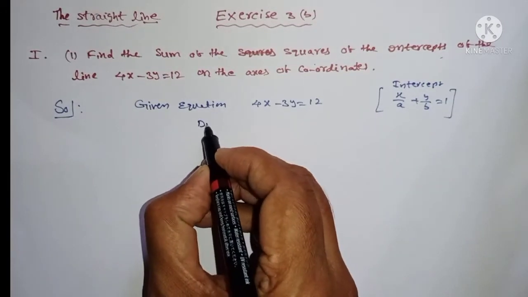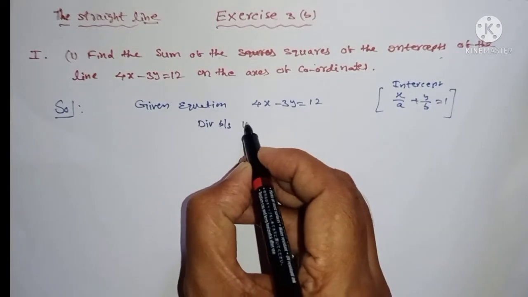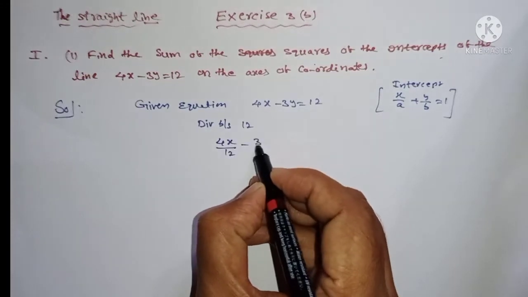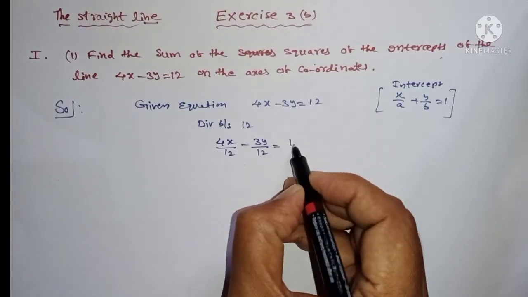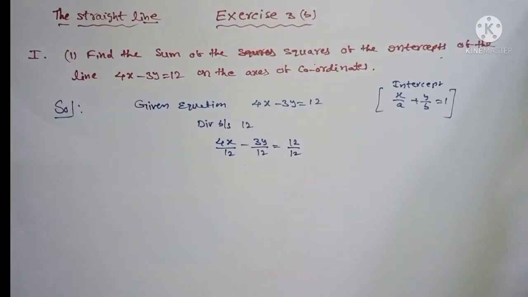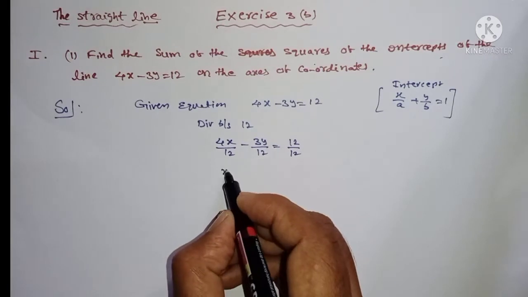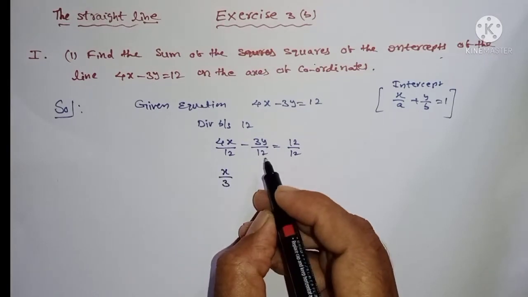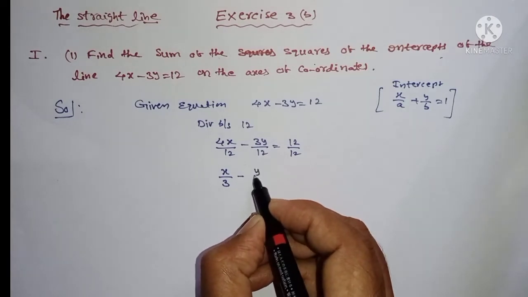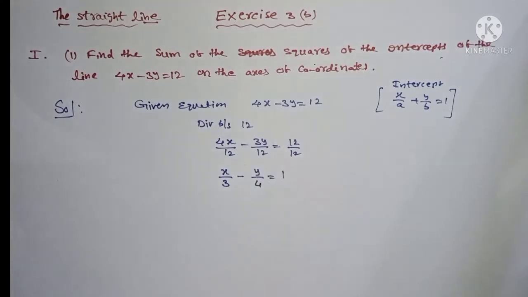Therefore, dividing both sides by 12, what will we get here? 4x by 12 minus 3y by 12 is equal to 12 by 12, dividing both sides with 12. Therefore, this can be written as x by 3 minus y by 4 is equal to 1.